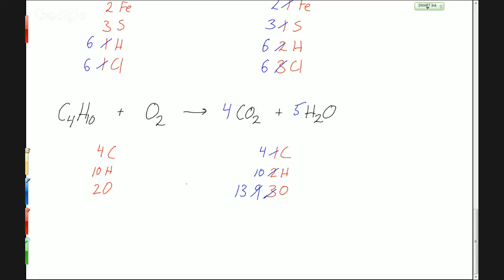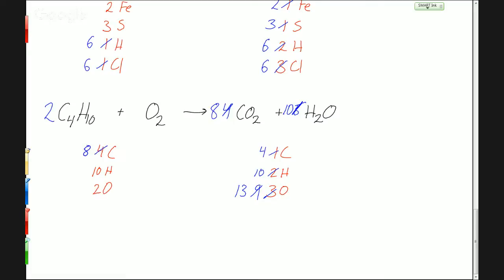In this case, if we double everything, we'll get rid of those odd numbers, right? Because you double something, you get rid of odd numbers. So we're going to go across the board times 2. Instead of 4, we're going to go 8. And instead of 5, we're going to go 10. And then we'll do a whole new inventory and make sure everything still matches up.